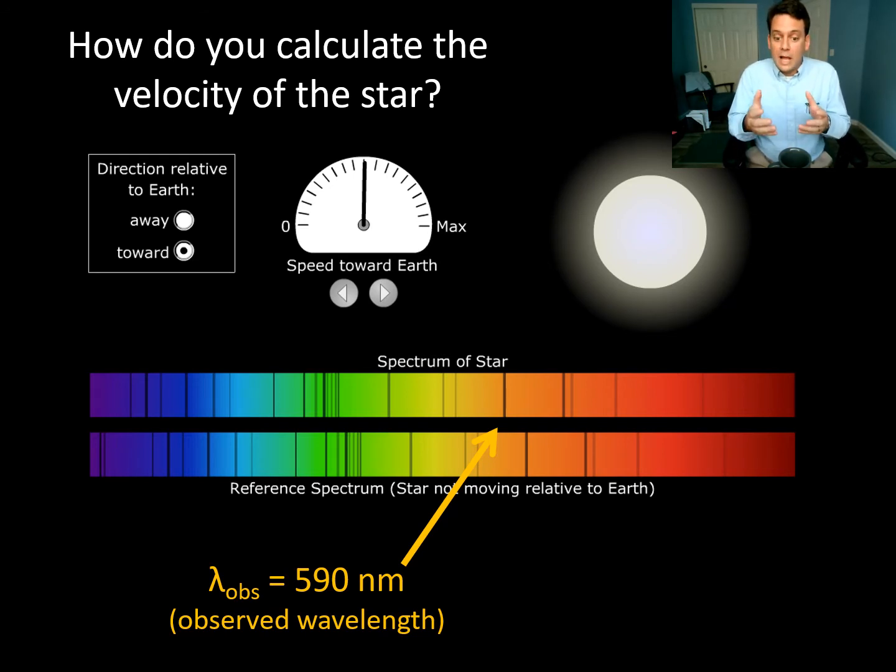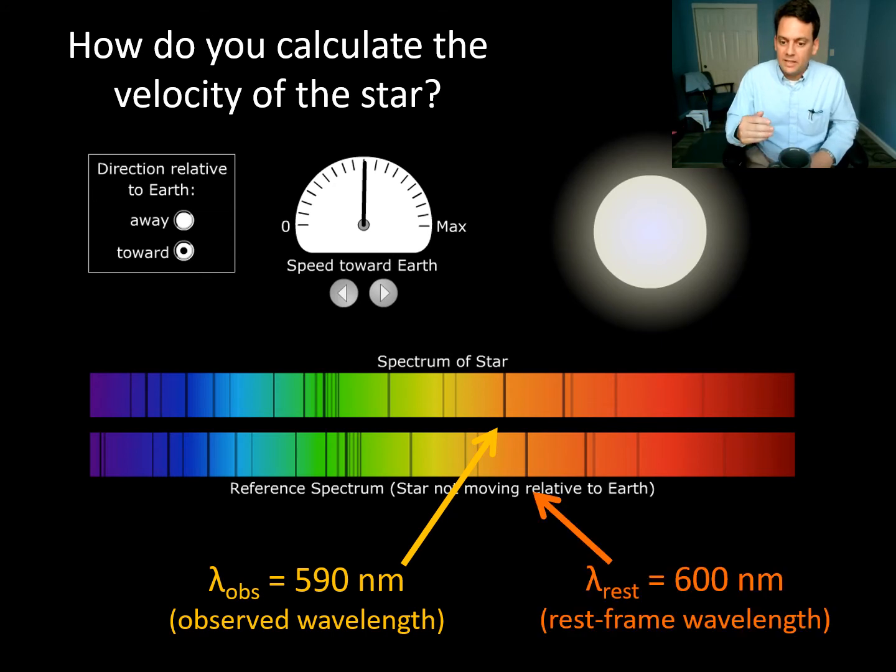And so while I observe a 590 nanometer wavelength, that's not the wavelength at which the star actually emitted that light. It's been shifted, in this case, from what we call the rest frame wavelength of 600 nanometers. Unfortunately this makes my job quite a bit more difficult as an astronomer, because I can't just look at the missing wavelengths and compare them to my known atomic transitions.